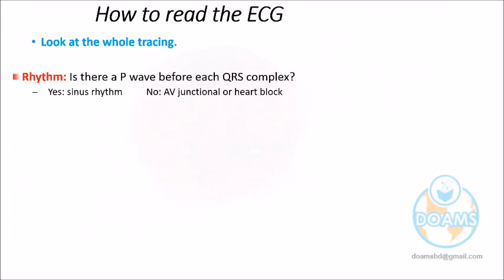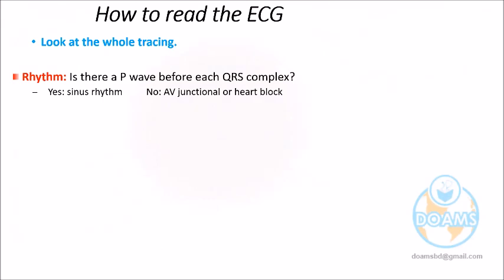If you come to the next slide, you see how to read the ECG. First, look at the whole tracing. Just as I asked you before, does anything attract your eyes, gross findings? Then look at the rhythm. Ask yourself in the ECG tracing: is it sinus rhythm or non-sinus?